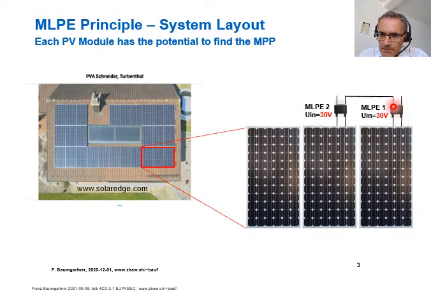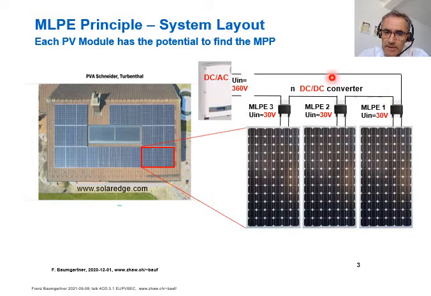Therefore, the optimizers have the option to find this optimum maximum power point, which could be different for each of the modules. The outputs of the optimizers are connected in series, so that the input stage of the DC-AC inverter controls a constant 360 volt DC level.